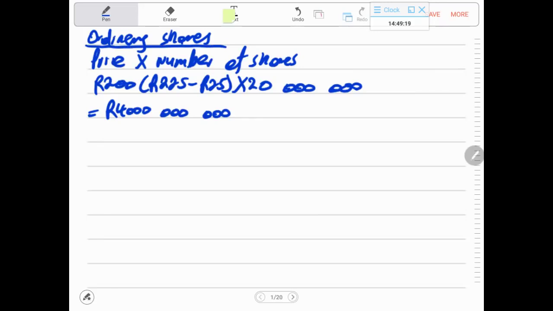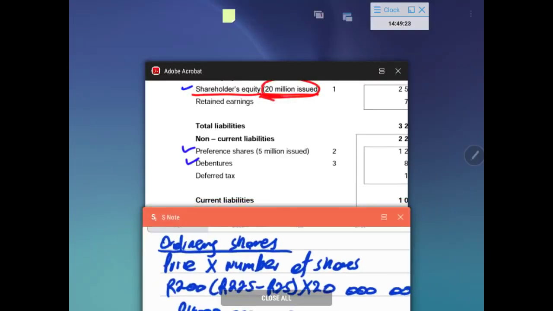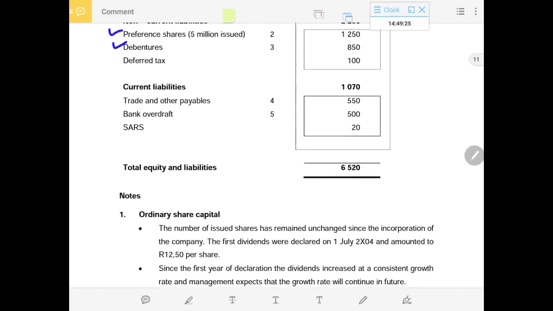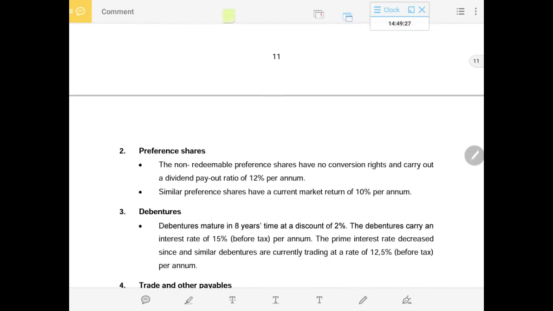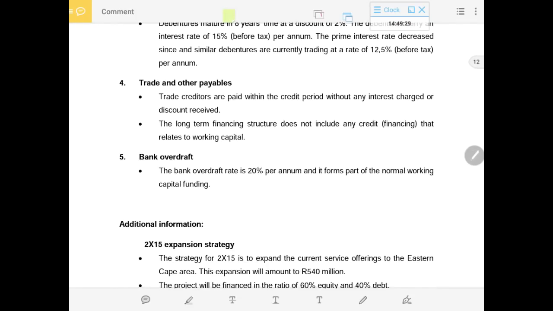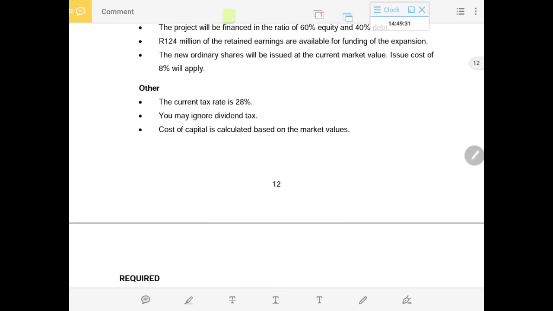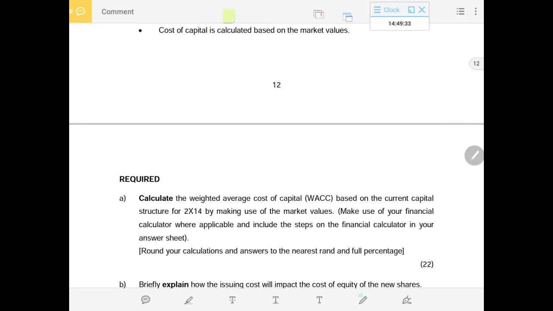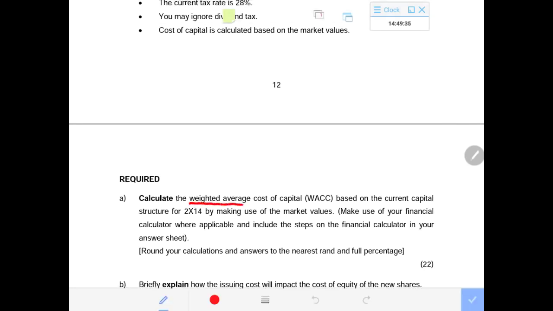Then after we go to the second source, remember, it's likely that the question wants us to calculate according to the market. If they give the market, it's highly likely. Let us confirm if the question instructs us to do so. We are required to calculate the weighted average cost of capital based on the current capital structure, meaning we must not change according to the new capital structure, by making use of the market values.